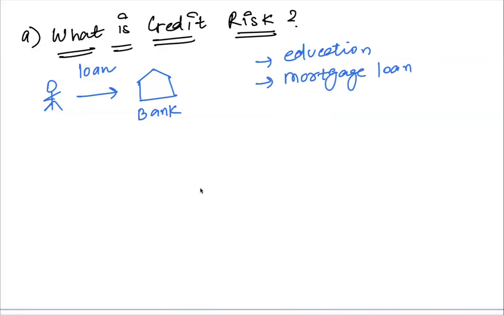To pursue an education, it's called an education loan. If you want a loan for your car, it is called an auto loan. Other loans can be a personal loan. So let's say you go to the bank and say, I want an education loan.